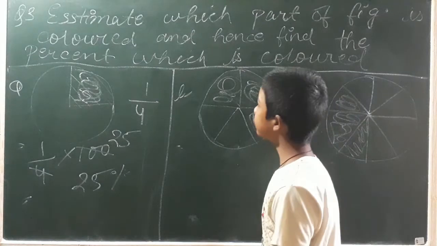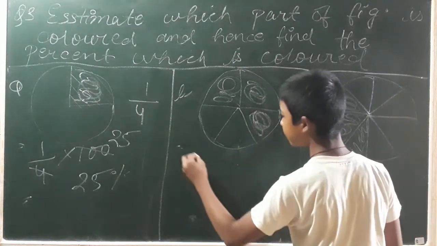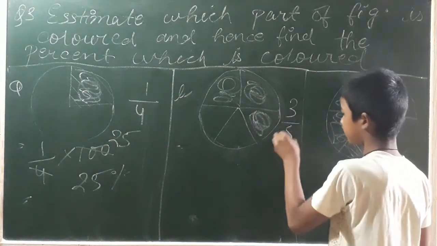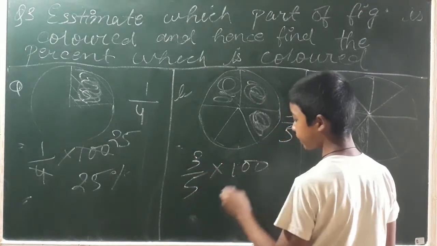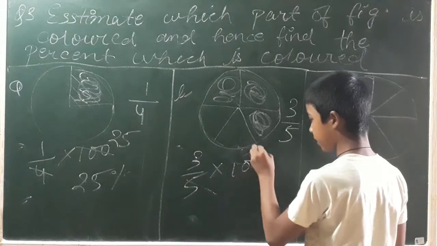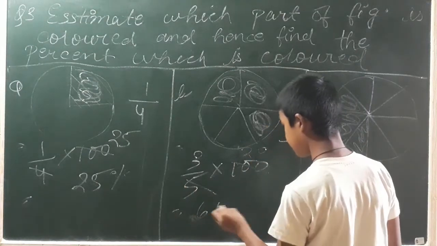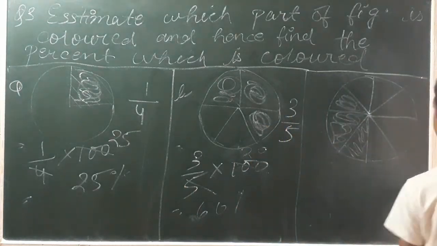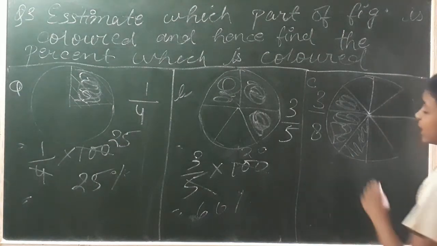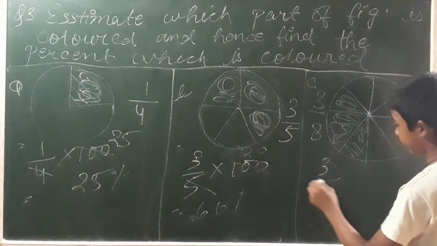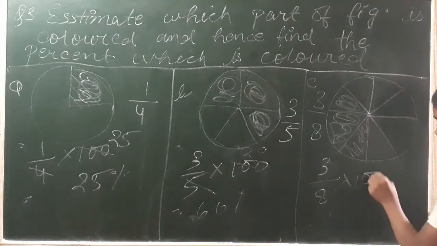So friends, moving to B number, 3/5 part is colored, so you can write 3/5 into 100, and 5 twenties are 100, so it will be 60%. C number, 3/8 part is colored. So 3/8 multiplied by 100.